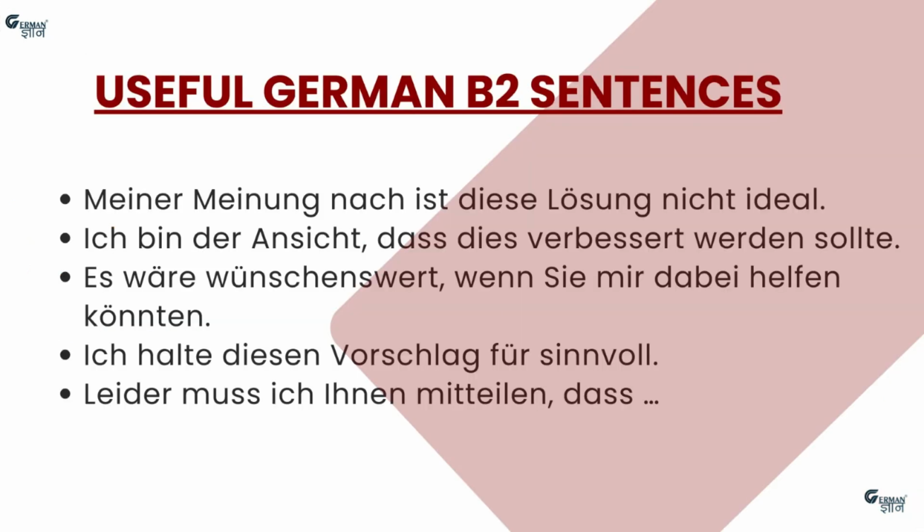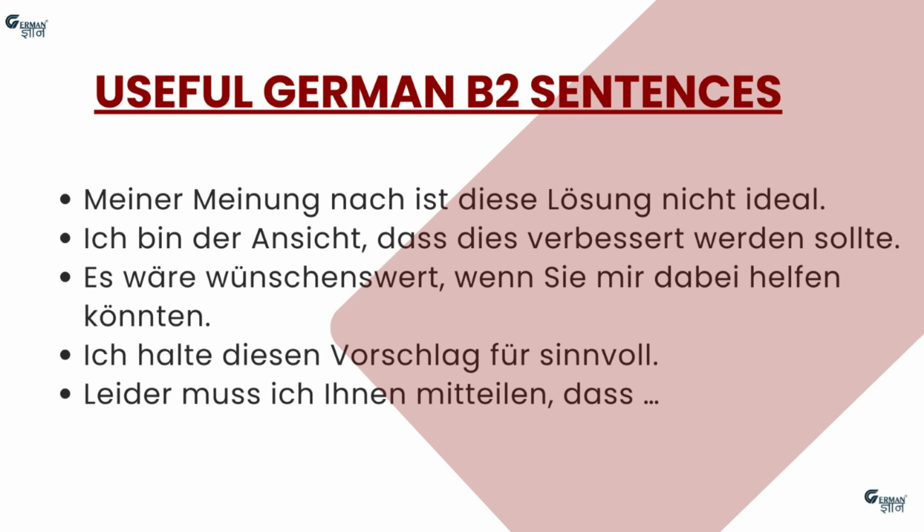Here are some of the sentences which you can use while writing the email. The first one is Meiner Meinung nach ist diese Lösung nicht ideal, means in my opinion the solution is not ideal. Second, Ich bin der Ansicht, dass dies verbessert werden sollte, means I am of the view that this should be improved.